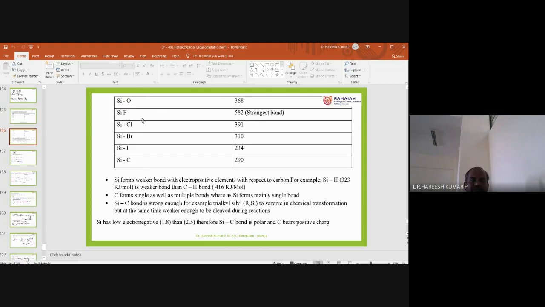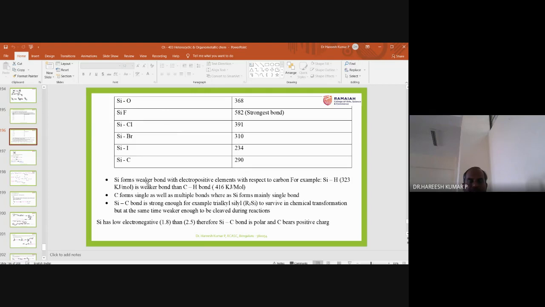Based on this parameter, we are going to study several reactions. In addition, you can observe the bond energy between silicon and fluorine, 582, silicon and chlorine, 391, silicon and bromine, 310, silicon and iodine, 234, silicon and carbon, around 290.